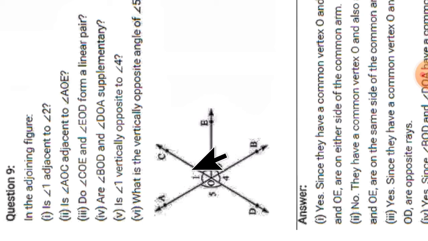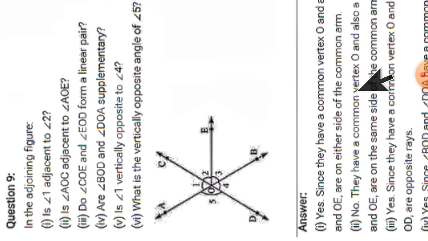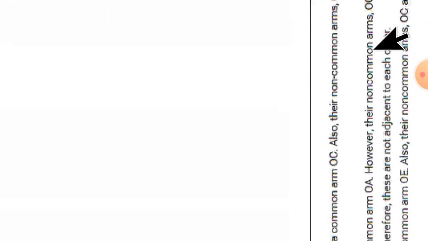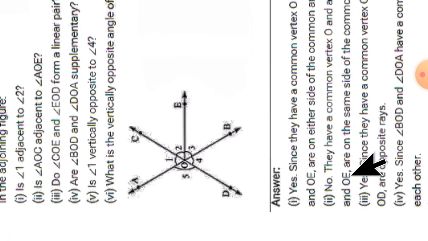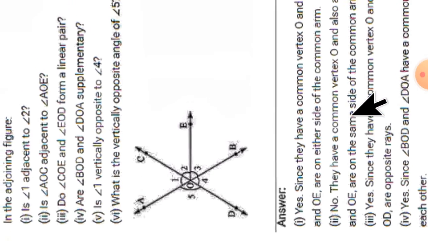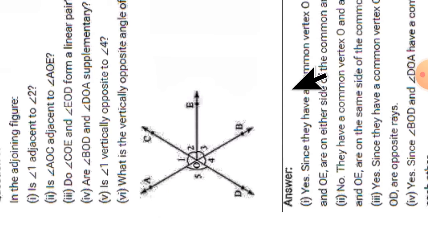They should be on either side; then only will they become adjacent angles. So no, they have a common vertex O and a common arm OA, however their non-common arms OC and OE are on the same side of the common arm. Therefore these two angles are not adjacent to each other.